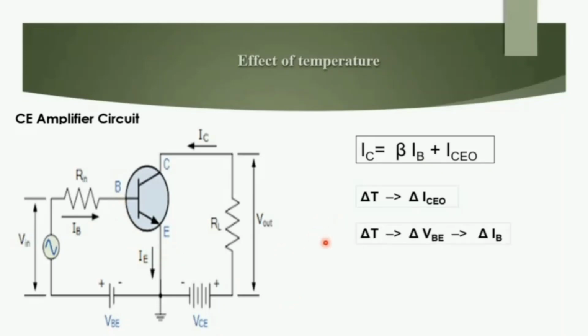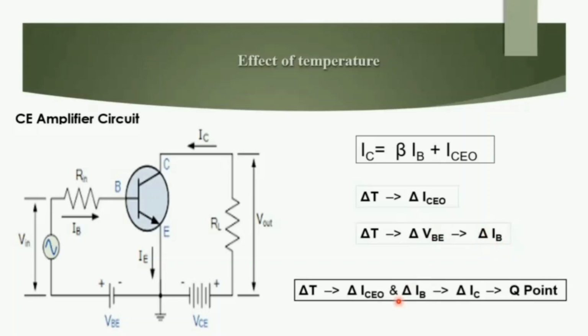So with the change in temperature, VBE will change, which in turn will change base current IB. This change in ICO and IB because of the change in temperature will change the collector current IC, as you can examine from this equation. This change in IC will cause a change in position of Q point.